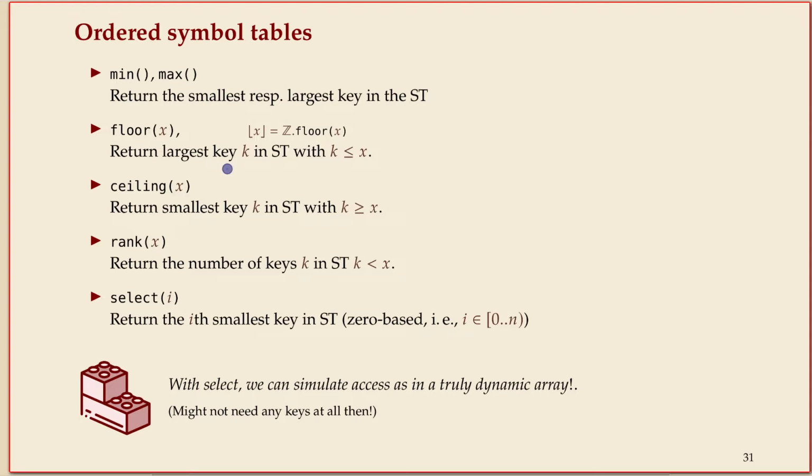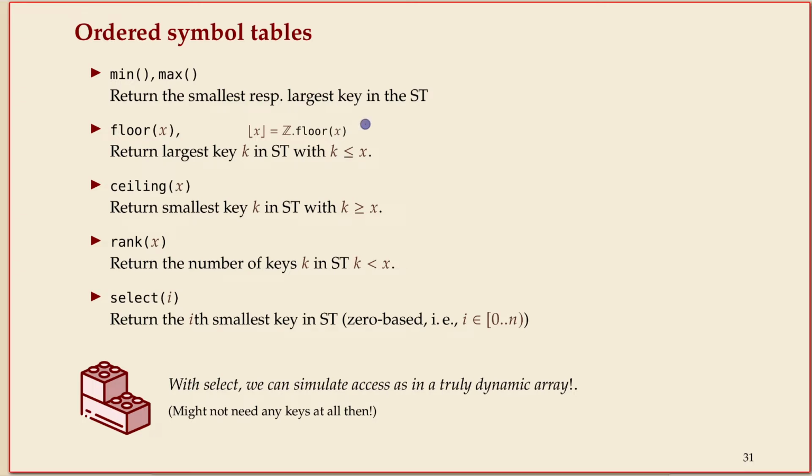You can find something that's called floor and ceiling here. If you're given a key, you can find the largest key contained in the data structure that is smaller, or the smallest that is bigger. Think of floor as being on the set of all integers.